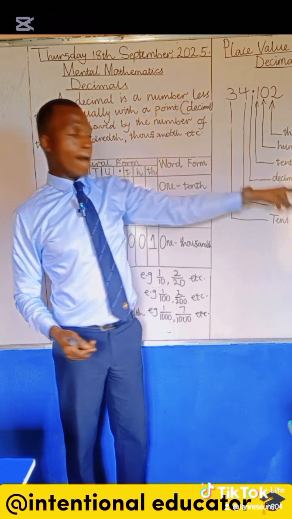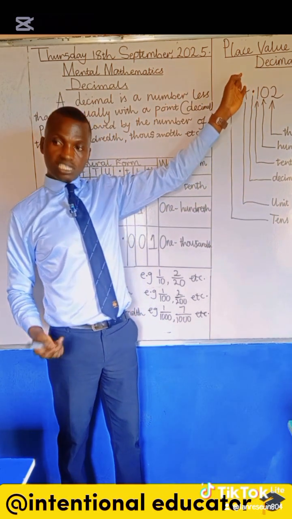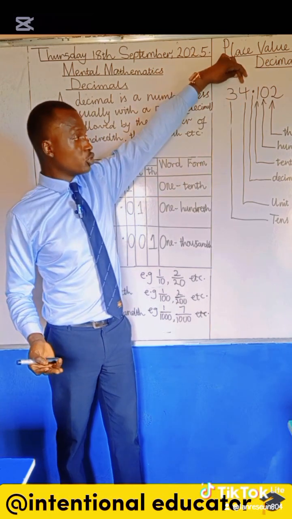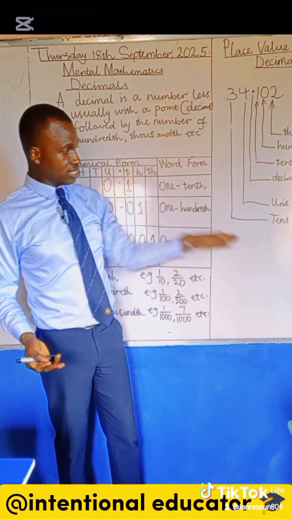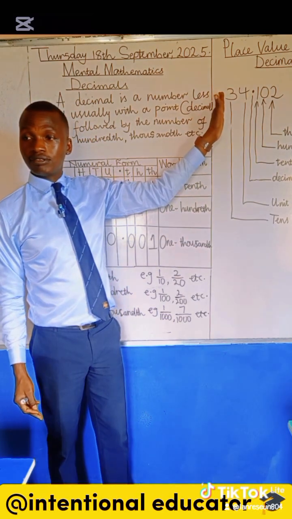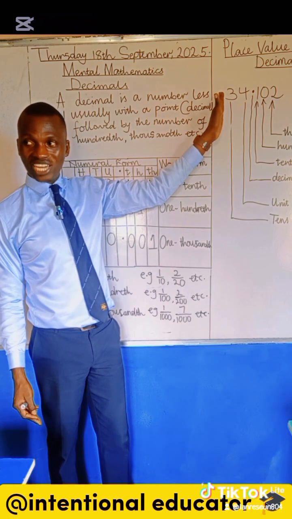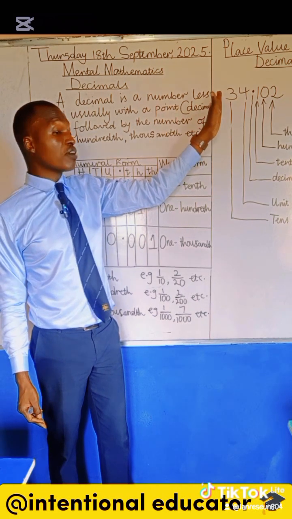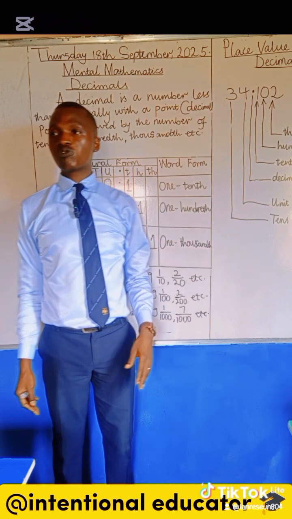Why this is the what? The decimal point. So immediately before the decimal point, I should say, we have what? Unit. Then we have what? Tens. So if there's any number here, what will it be? Hundred. Awesome. Then if we have any number before the hundred, that will be thousand, and so on and so forth.